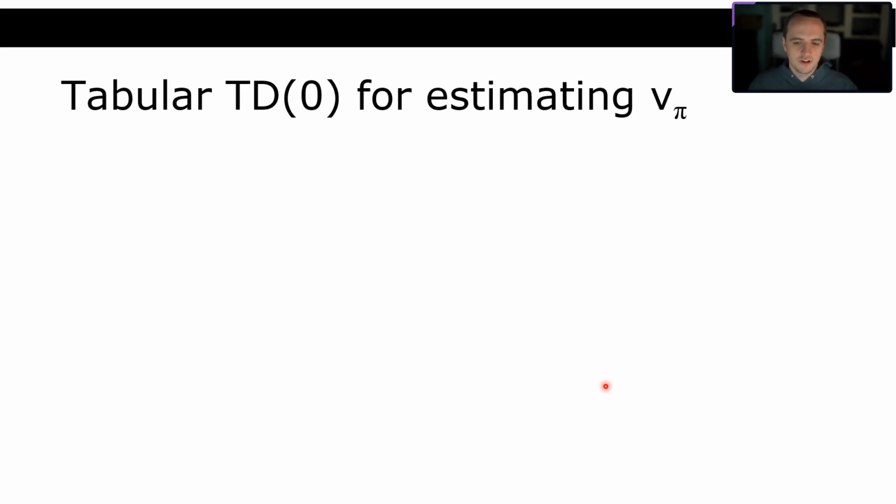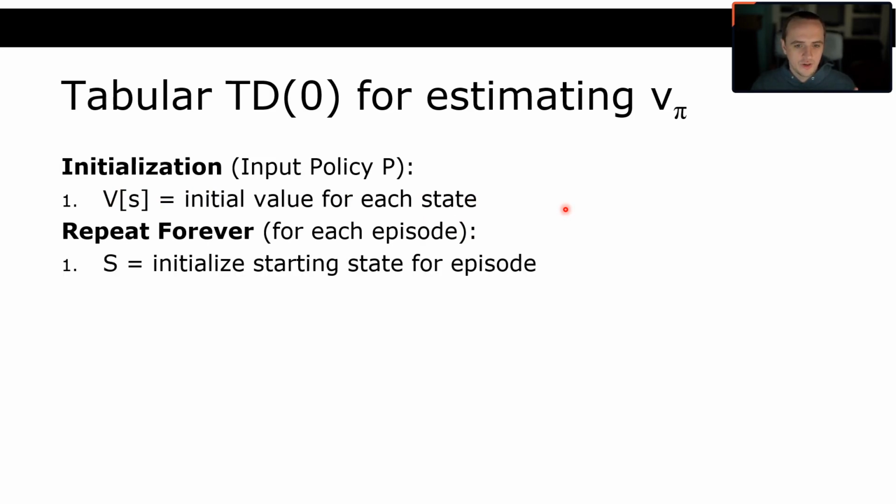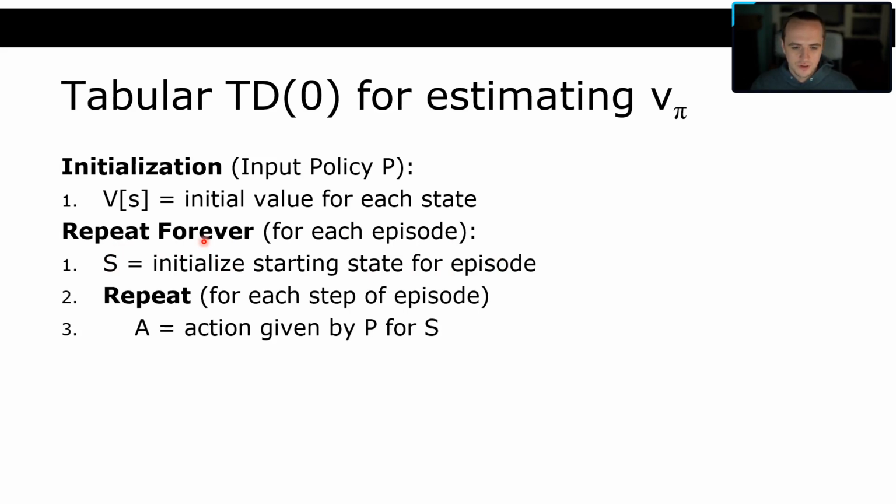So here's tabular TD0 for updating the value of a policy. Initially, we have some policy, and we're going to have the value for each state, and then we repeat forever. You're going to have a starting state for your episode, then repeat for each step of the episode. You have A, which is the action given by your policy for state S. You're going to say, okay, do the action A at state S, and we come up with S prime.